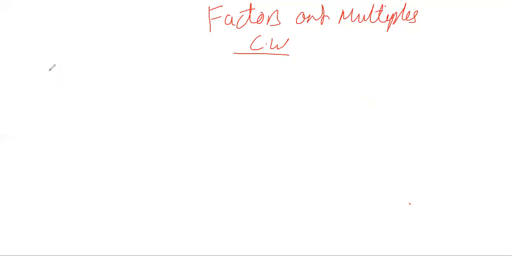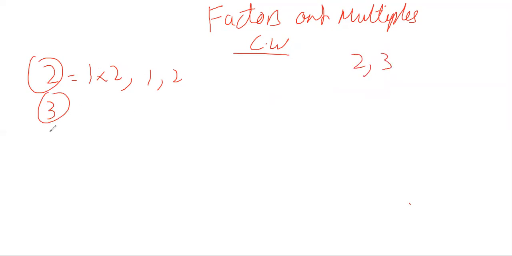Now let's move on to 2. 2 has how many factors? 1 into 2. So it has only two factors, 1 and 2. So 2 is a prime number. 3 is also a prime number, right? What about 4? Is 4 a prime number?